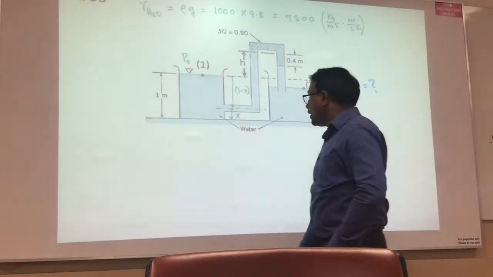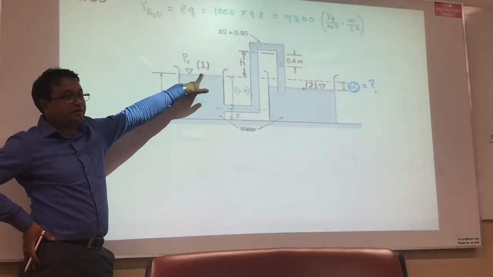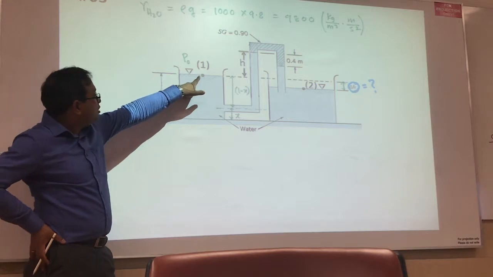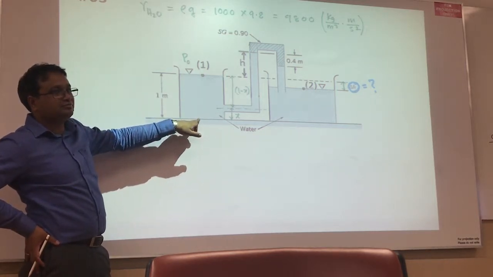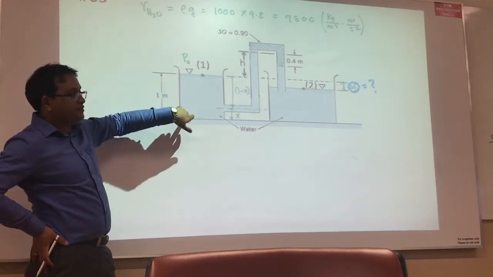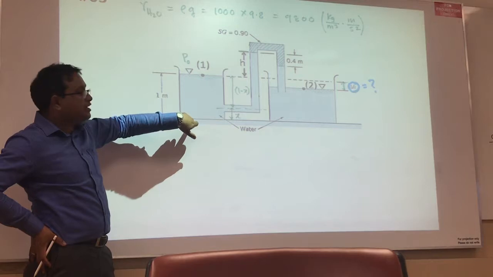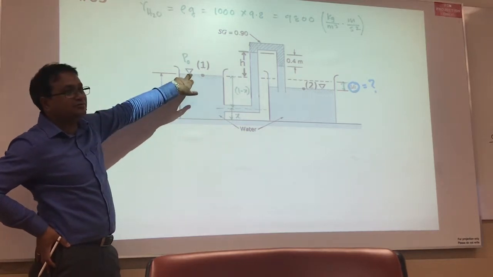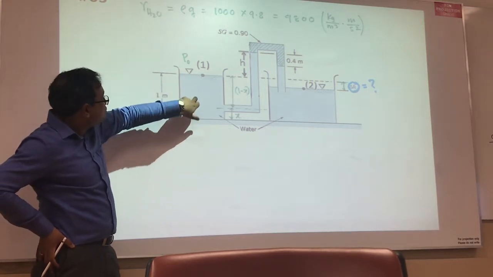Okay? At that point, what is the pressure? Atmospheric pressure, right? Definitely. At that point, rho g h. Very good. From here to here is rho g h. And from here to here, minus rho g h, right? Correct. So rho g h minus rho g h is 0.